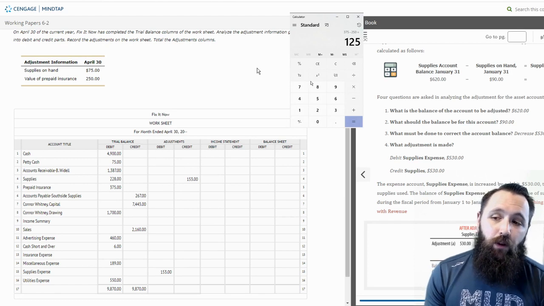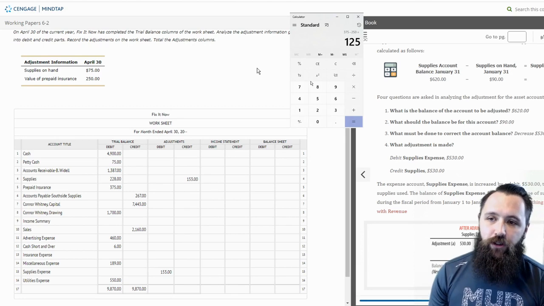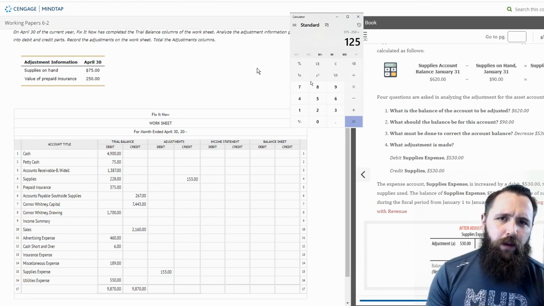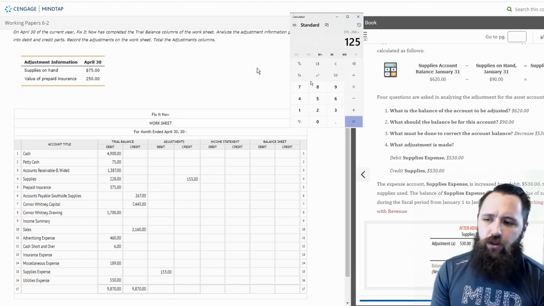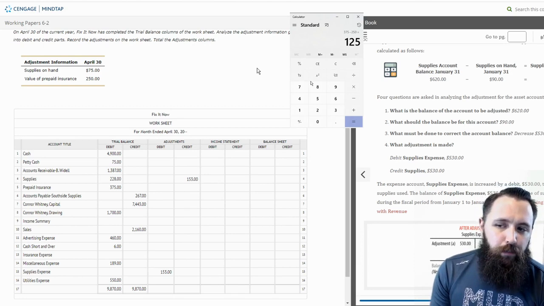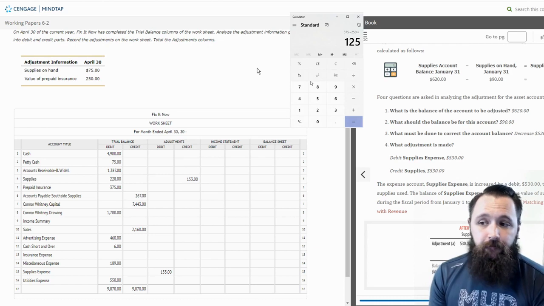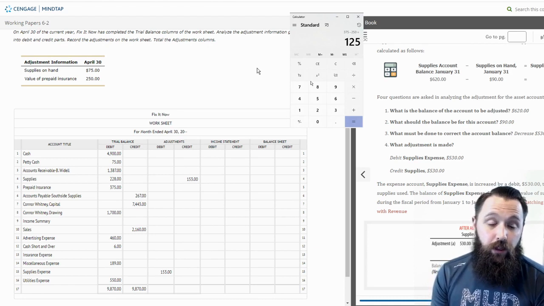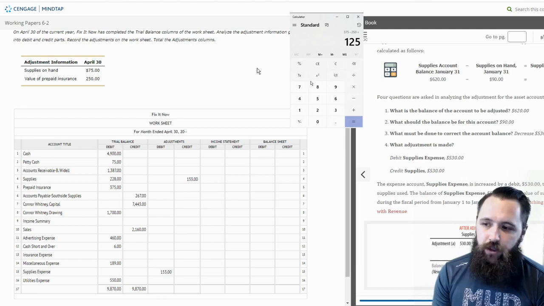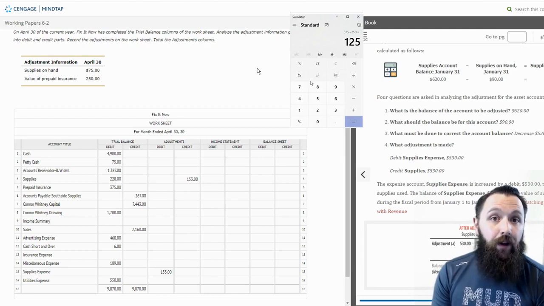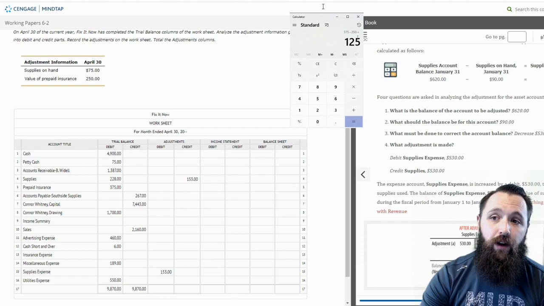What is the balance of the account to be adjusted? Prepaid insurance is $375. What should the balance be for this account? The balance should be $250. What must be done to correct the account balance? We need to decrease prepaid insurance by $125. That's what we figured out right here.